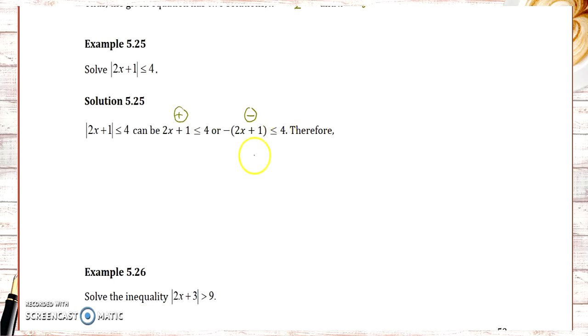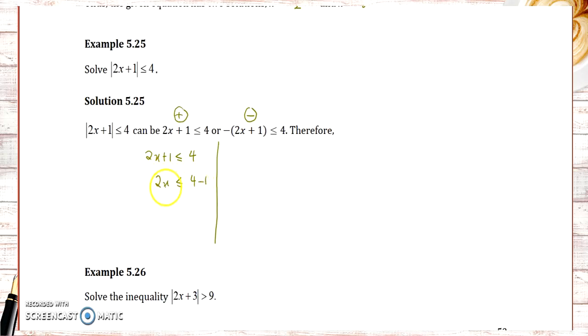So we solve the positive equation. We get 2x plus 1 less than or equal to 4. Now to eliminate 1 from the left hand side, we subtract 1 from both sides. So we get 2x less than or equal to 4 minus 1.